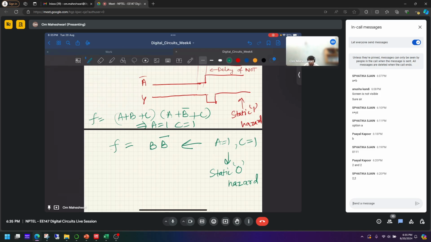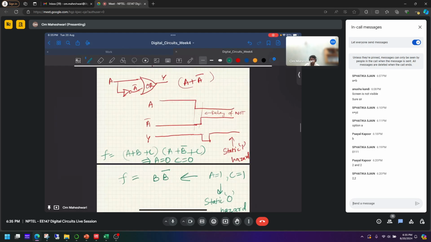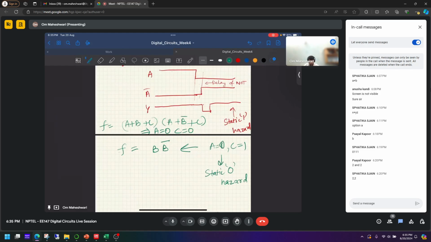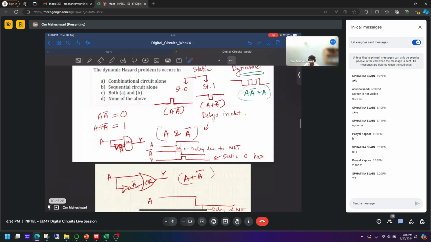Sorry, it should not be 1, it should be 0. Alright, so whenever you have A equals 0 and C equals 0, your expression becomes B bar. And if there is some delay in generating B and B bar, then you will have a static 0 hazard, which we just discussed here, right?